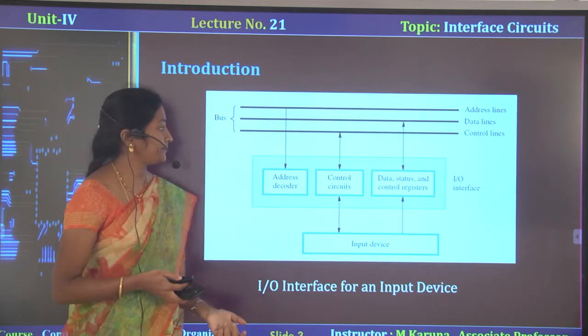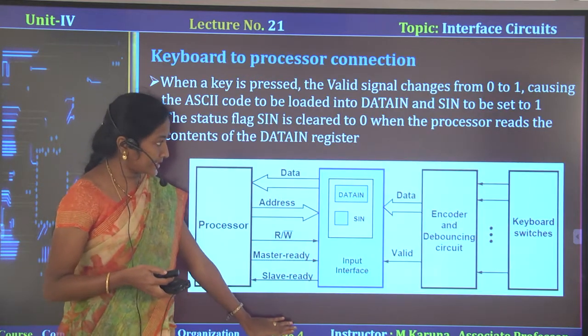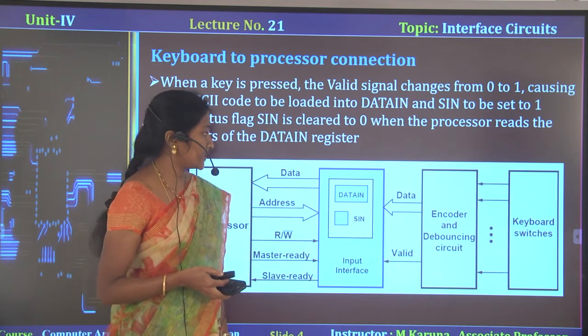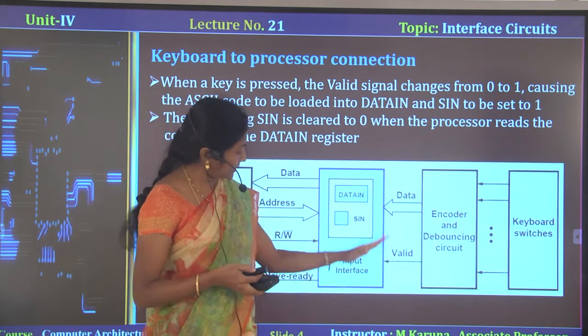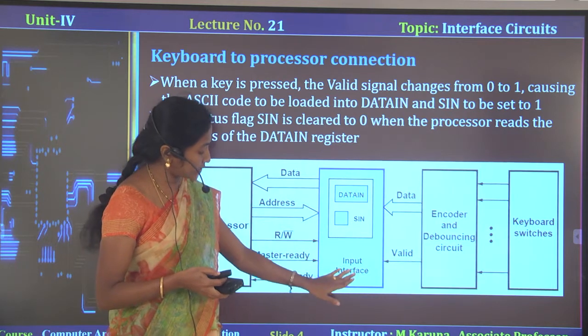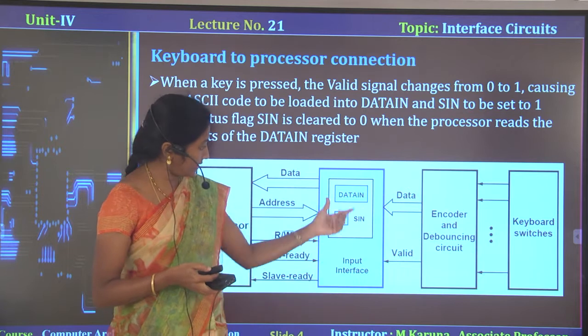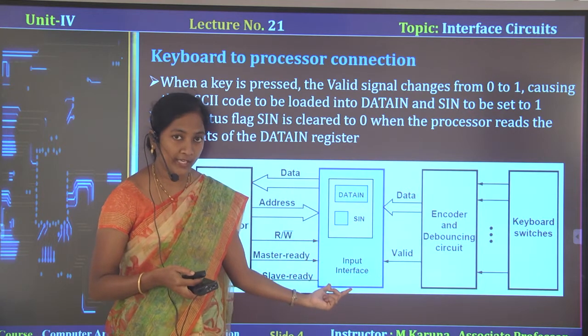So let us see the example. This is the interface between keyboard and processor. Here this is the interfacing circuit. We are using the keyboard as an input device, so this interface is known as an input interface.